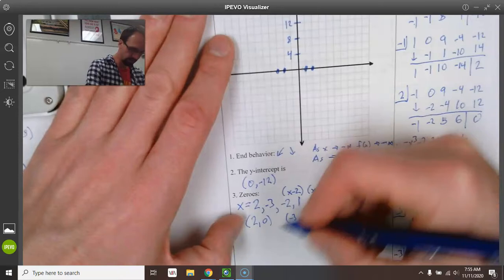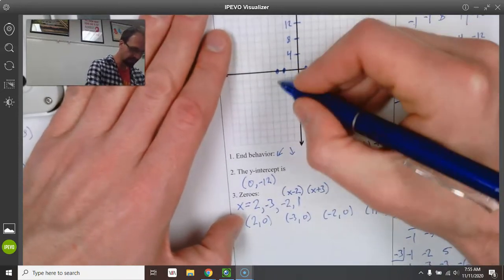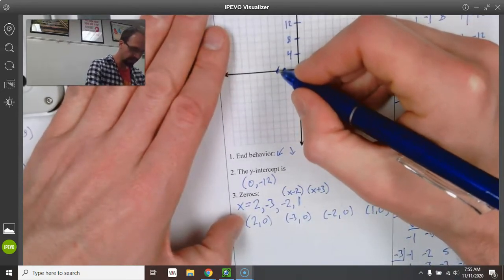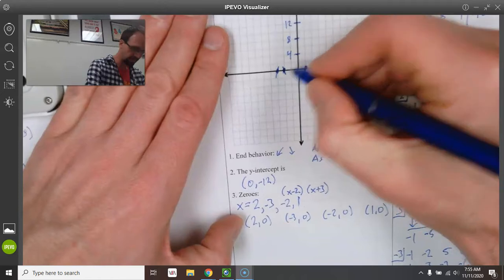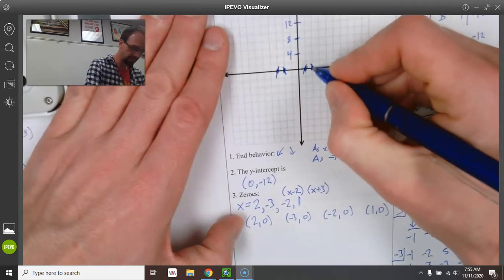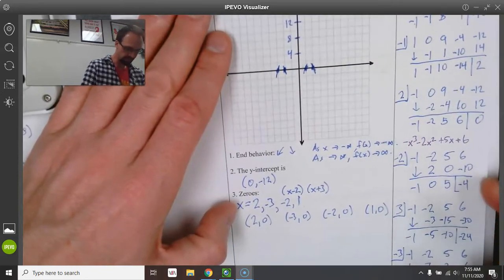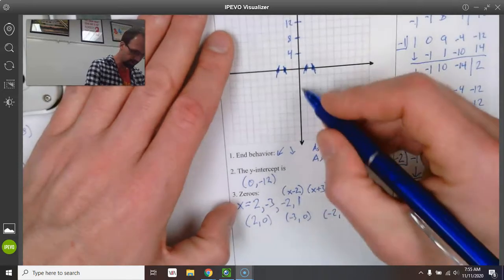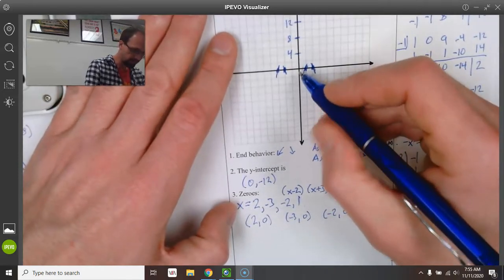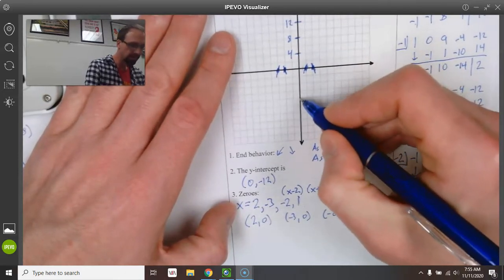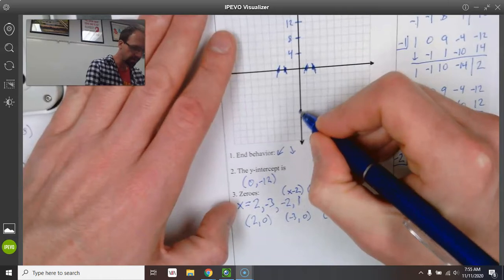So these all are going to intersect. I know that it's going to go like this, like this, like this, and like this, going down. My y-intercept is at negative 12, so that's going to be 2, 4, 6, 8, 10, 12. That's going to be down here.